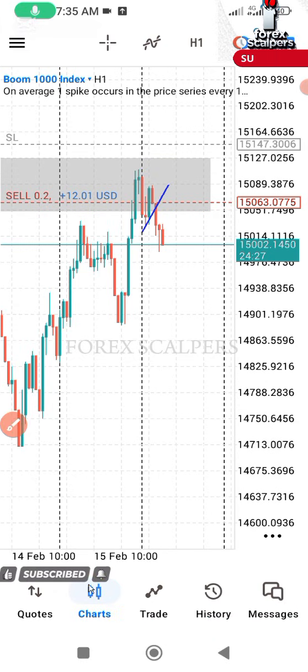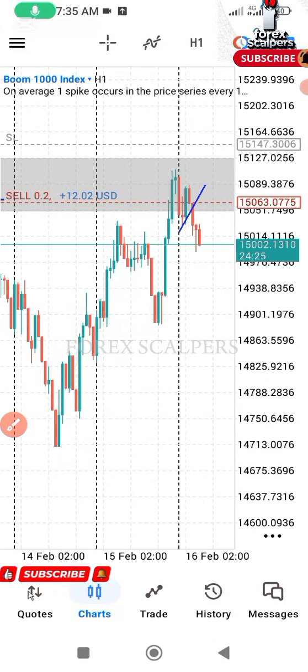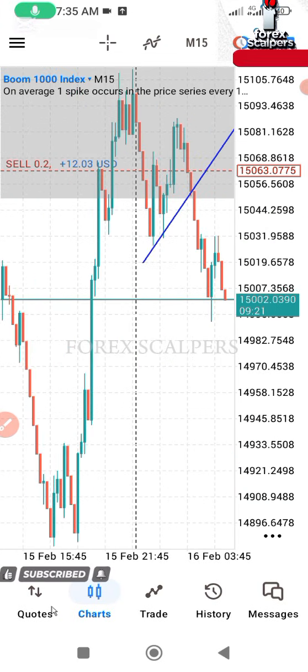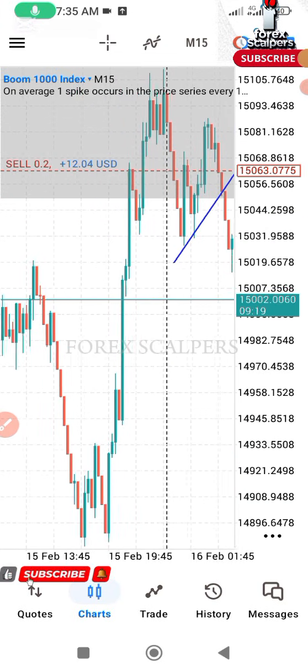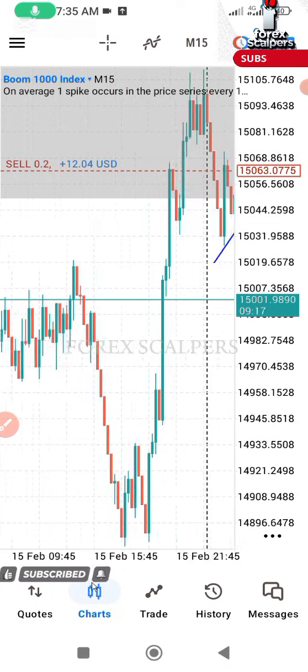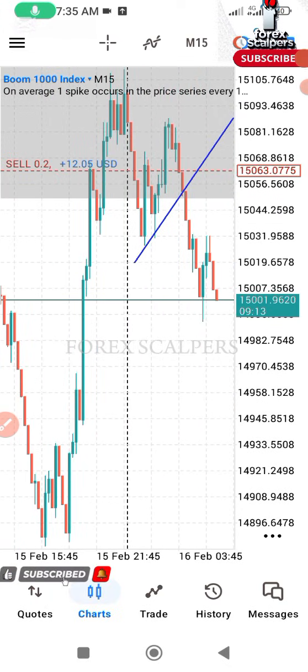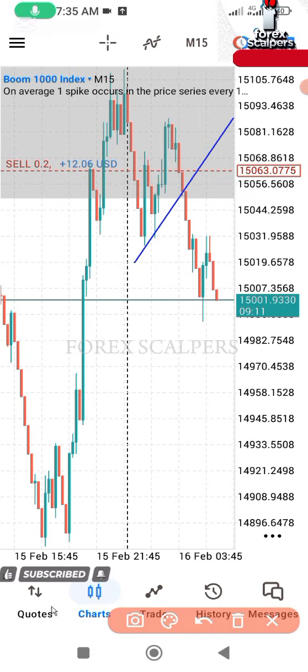So when price came in, how did I make this entry? Let me show you. I moved to my 15-minute time frame and I saw what price is doing. Remember, price has been in an uptrend in this case already. Higher low, higher high, higher low, and then obviously you see that we have a new higher high.